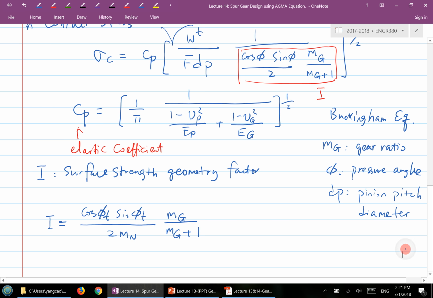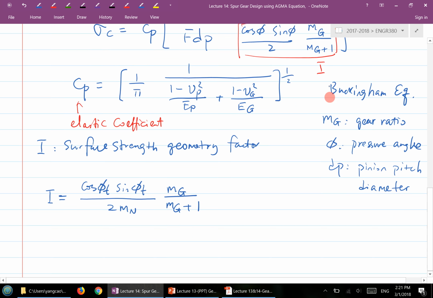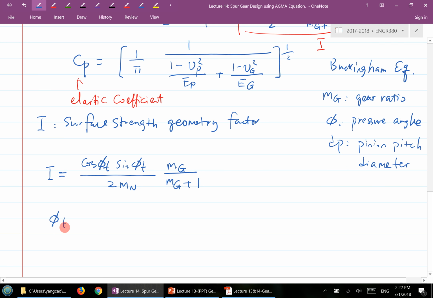If you compare with that simple equation, the Buckingham equation, what's the difference now? The gear ratio is still there, so no change. The symbol used to be phi, which is the pressure angle, and now this is phi t. Phi t here we call the transverse pressure angle.